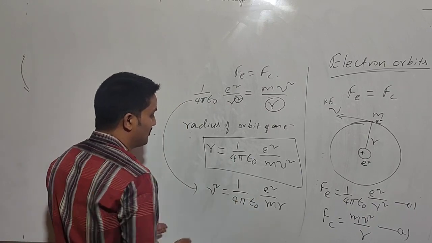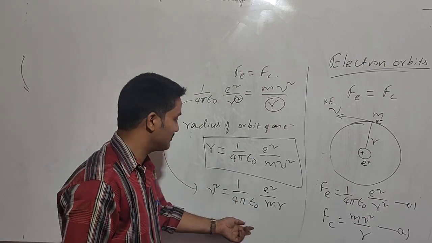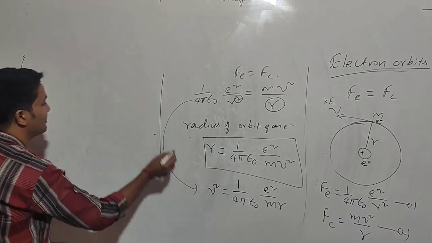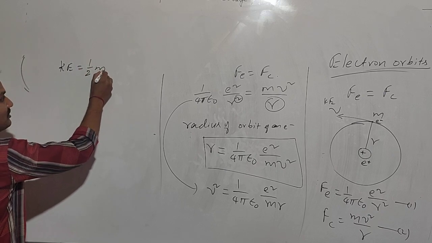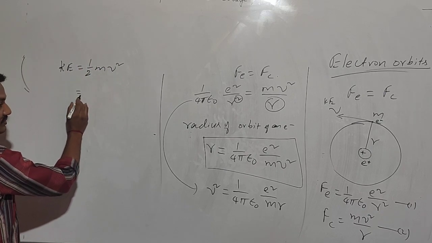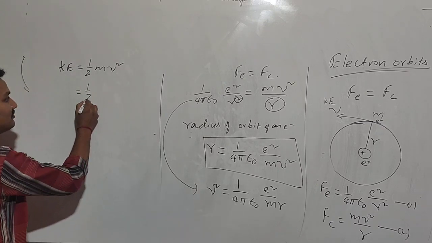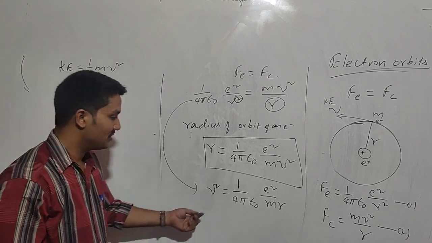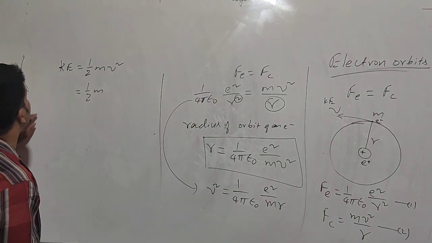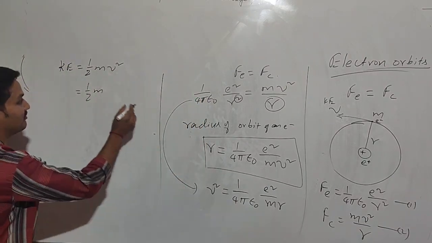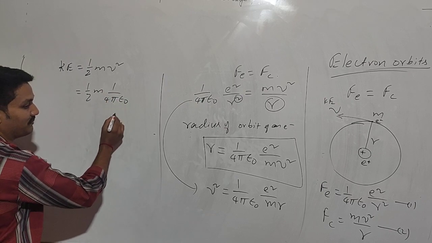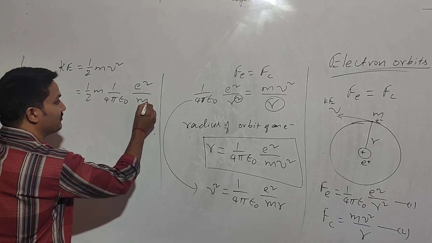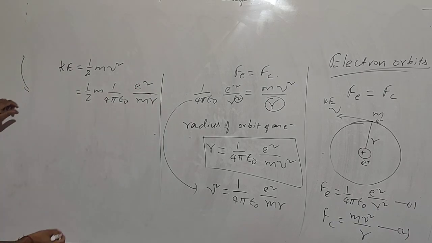From this, we can determine the kinetic energy also. Using this equation, kinetic energy K is equal to half mv square. Substituting the value of v square, K is equal to half m into 1 by 4 pi epsilon naught e square by m r. This is the kinetic energy.